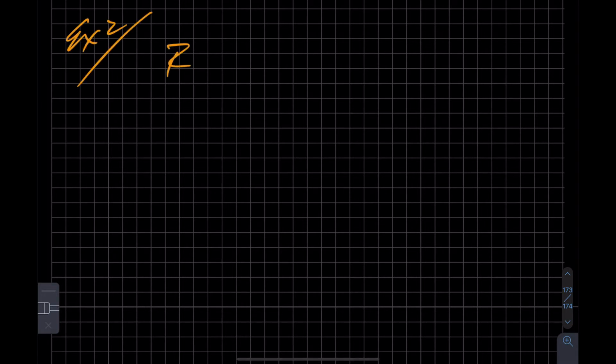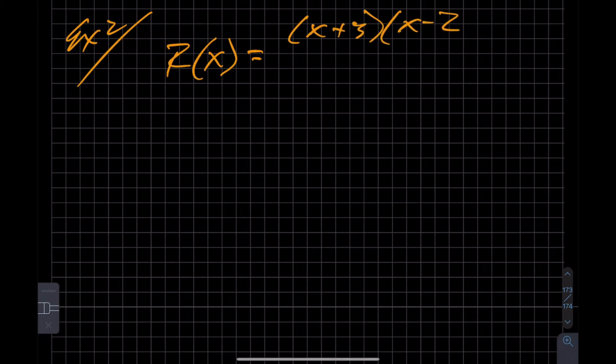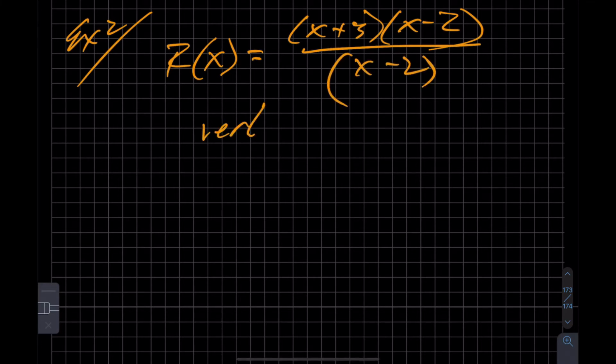And let's say that my rational function is equal to (x plus 3)(x minus 2) over x minus 2. If we were trying to determine the vertical asymptote, we would just take x minus 2, set it equal to 0, and that gets us to x equals 2.